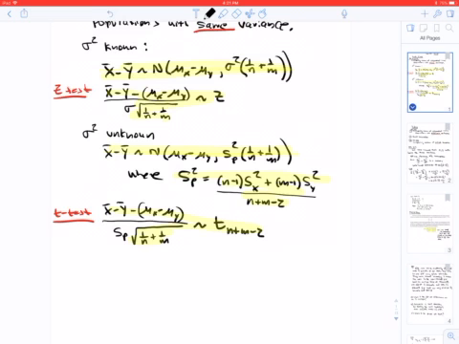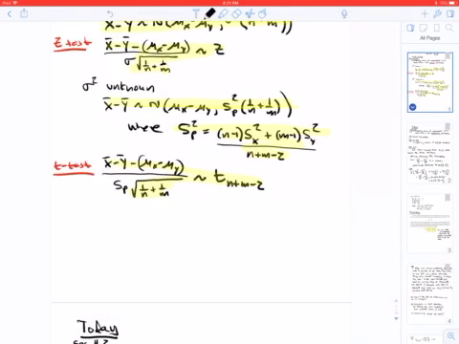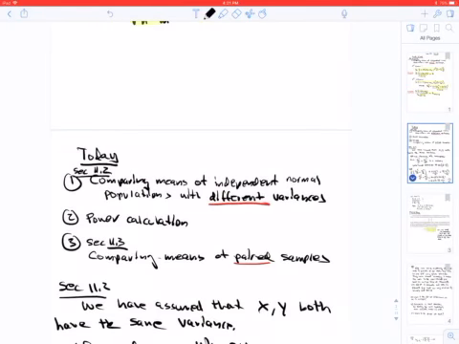The pooled variance is given in the formula here. It is a weighted average of the two sample variances depending on the degrees of freedom of the sample variances, and this gave us a t-test where the test statistic had n plus m minus 2 degrees of freedom.